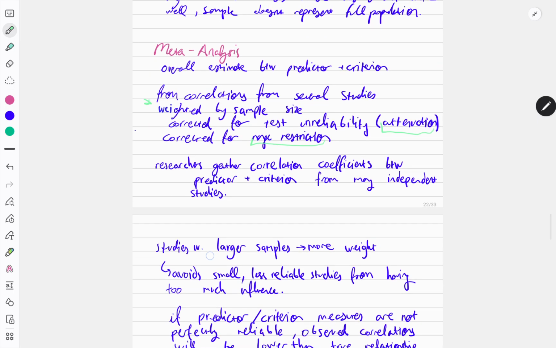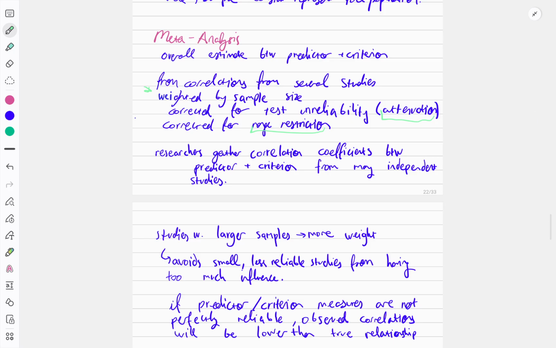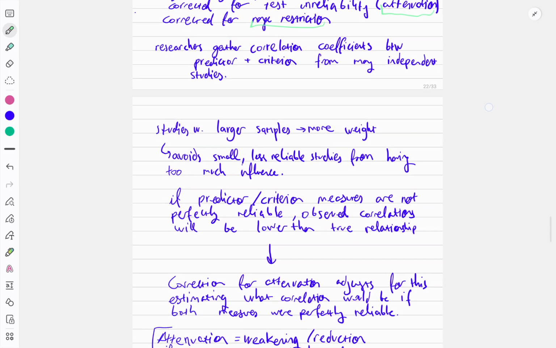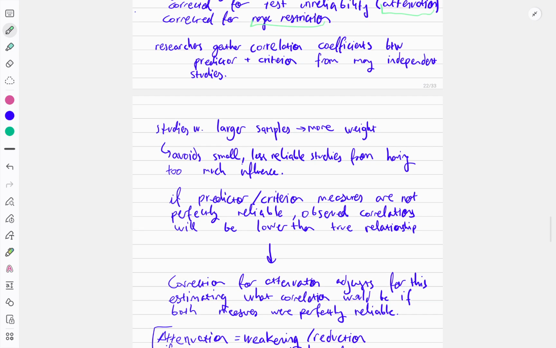So researchers gathered correlation coefficients between predictor and criterion from many independent studies, and then we create something called a meta-analysis. Studies with larger samples get more weight, as we have talked about. This prevents small, less reliable studies from having too much influence.